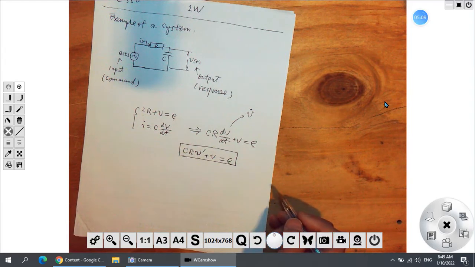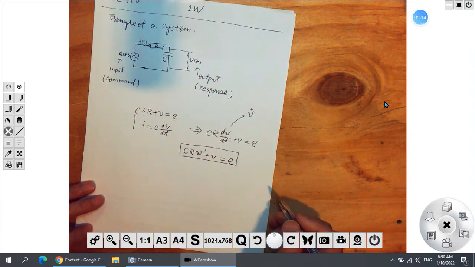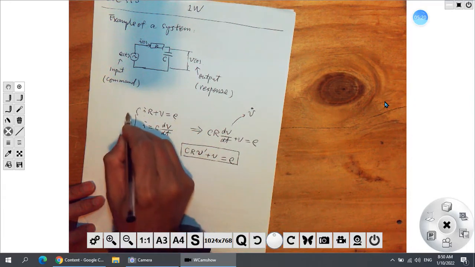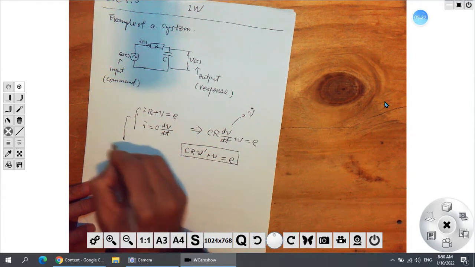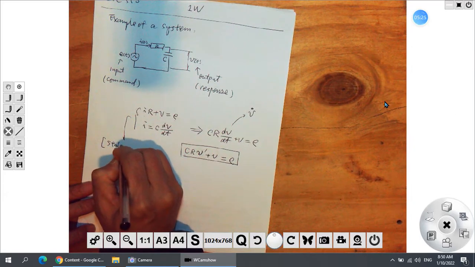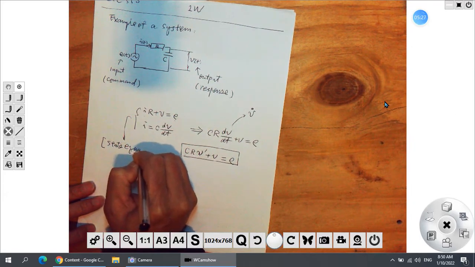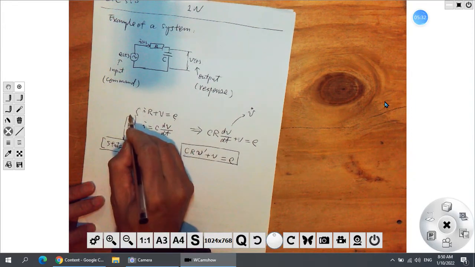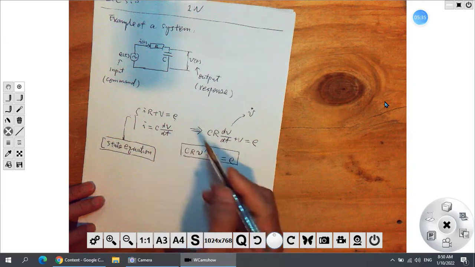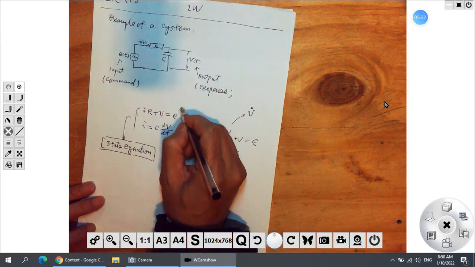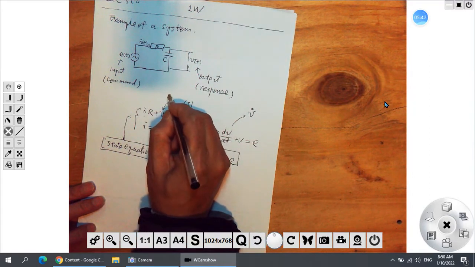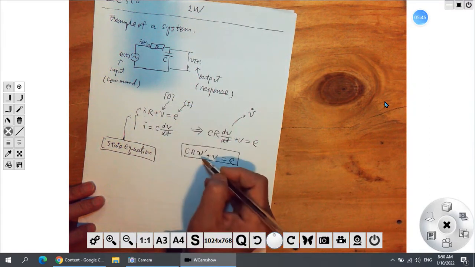So this is a kind of physical way to study a system. And here we have some names, some concepts. This one we call a state equation. So we have input and output, I/O.